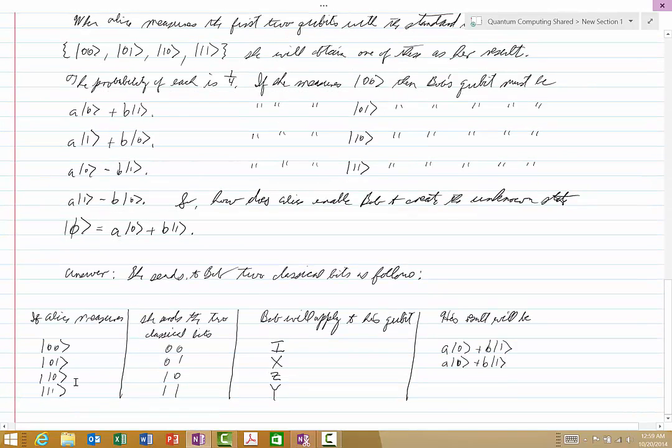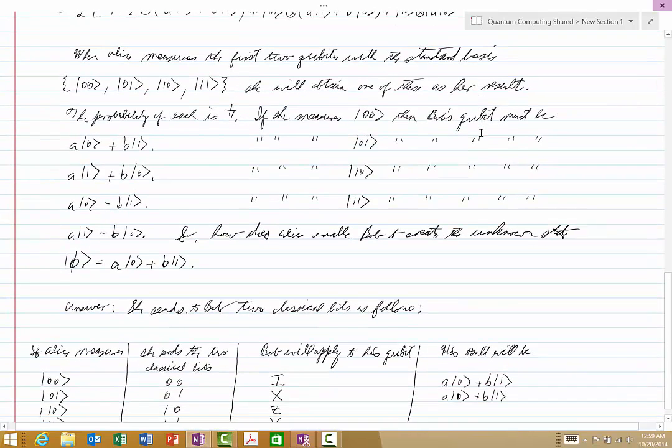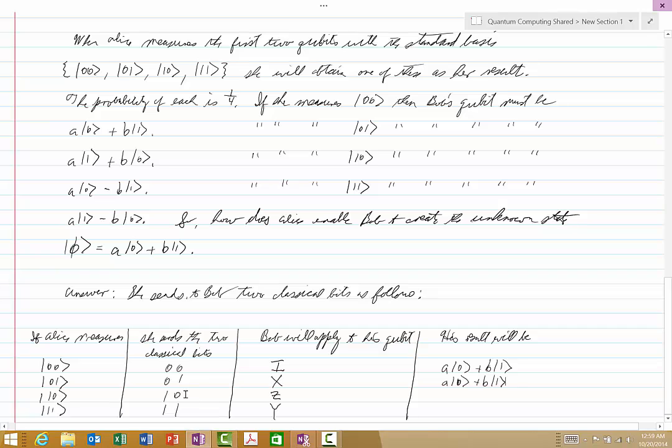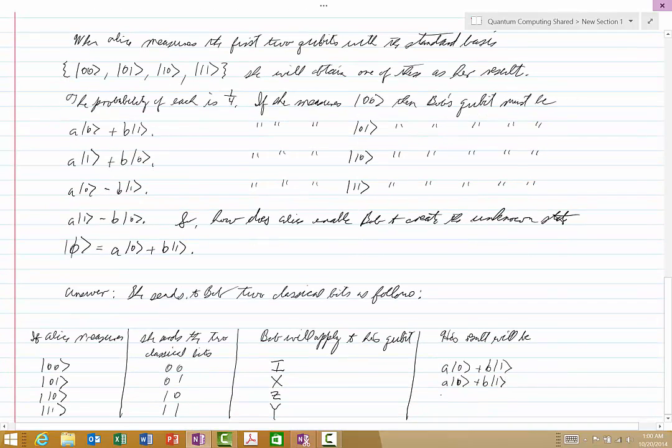On the other hand, if Alice measures 1,0, that means that Bob's qubit is A0 minus B1. Alice will send a 1 and a 0 to Bob, those 2 classical bits, and whenever he gets a 1 and a 0, he will apply the Z transformation, which maps 0 to 0 and 1 to -1. So the A0 stays as A0, but the minus B1 becomes plus B1, and the result is A0 plus B1.